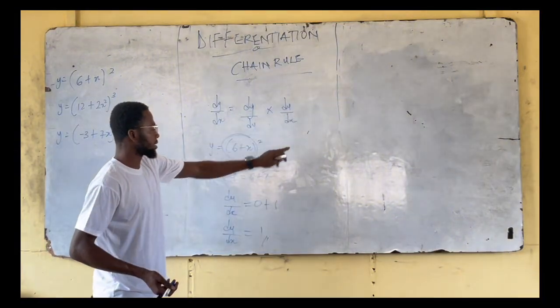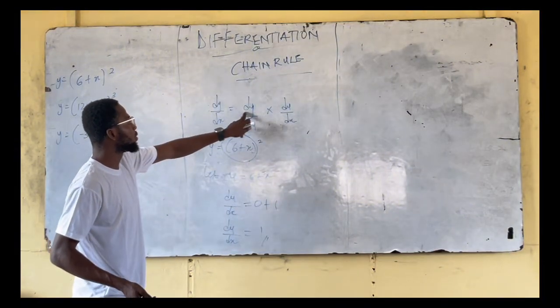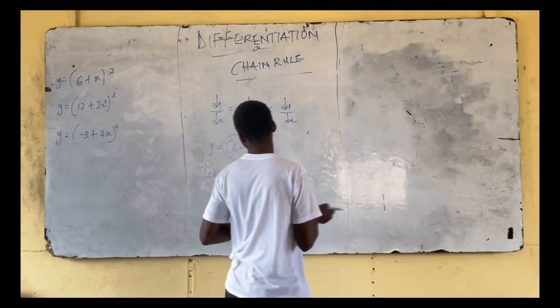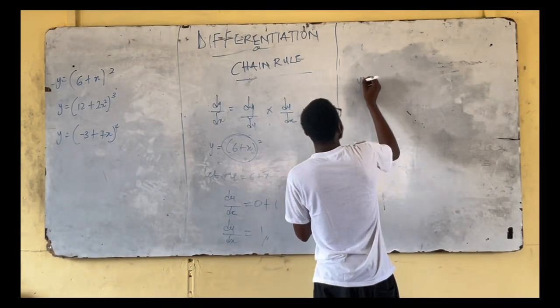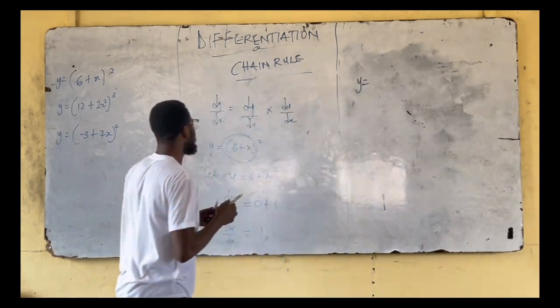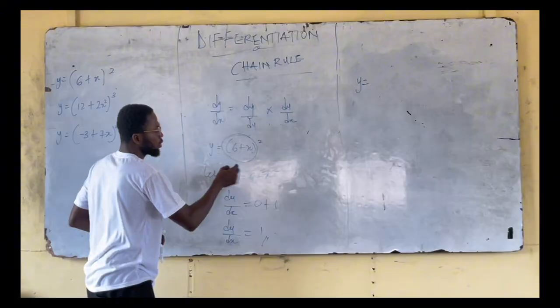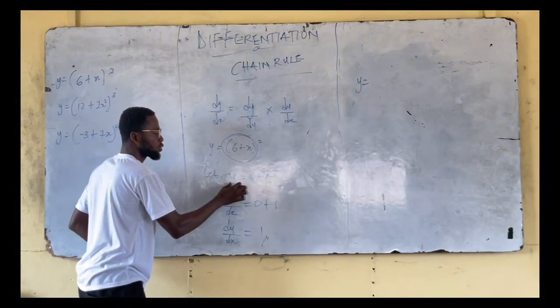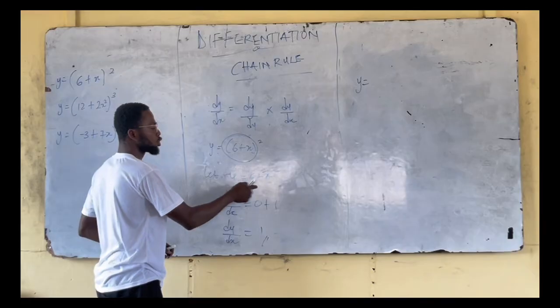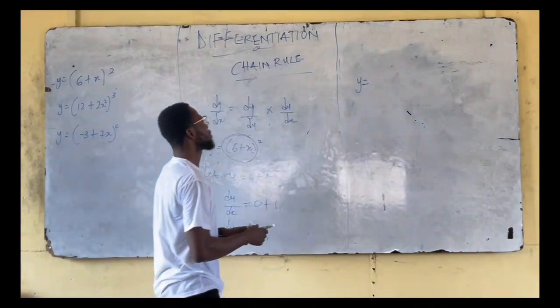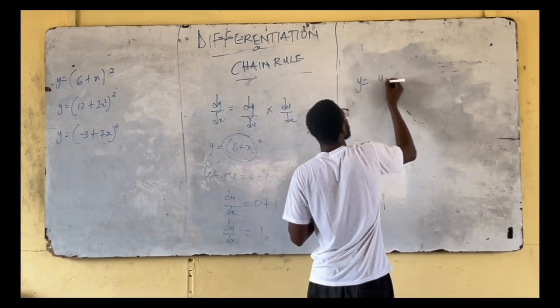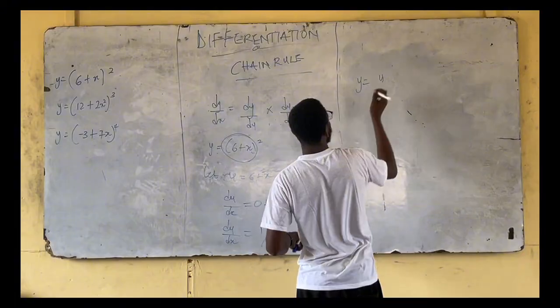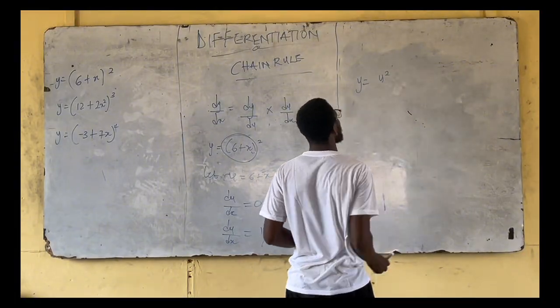So we've gotten our du/dx. Now we want our dy/du. Note that we took all of this and made it u. So u is equal to everything here, and so y is equal to u squared.